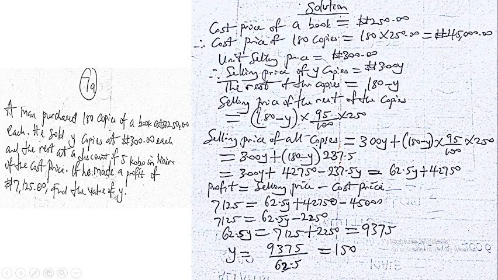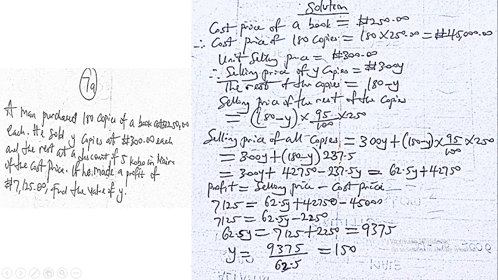The question, as I said earlier, is on profit and loss, and let's see how we can do that. A man purchased 180 copies of a book at 250 naira each. The cost of one book is 250 naira, and he purchased 180 books, so we can find the total cost by multiplying 180 by the unit cost.